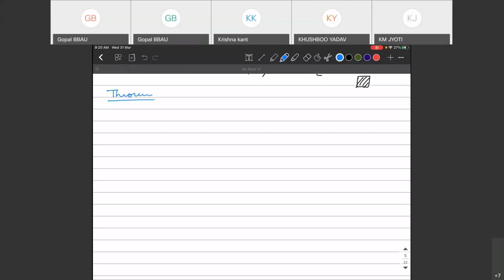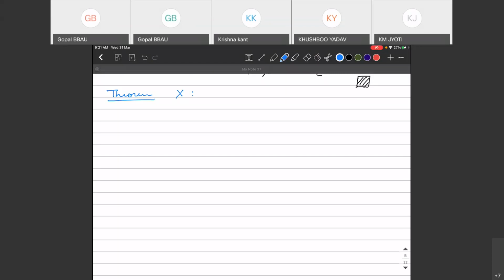It says that there are plenty of bounded linear functionals on a normed space. Does it say this? Let's see the statement first.